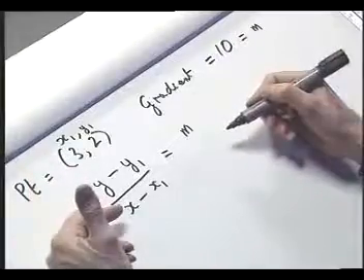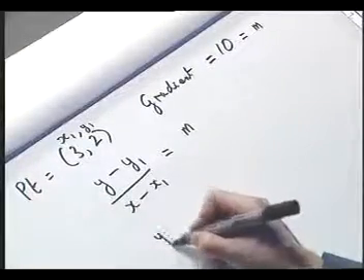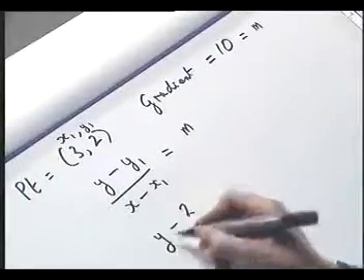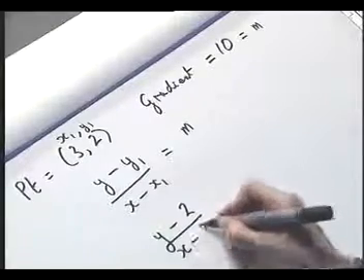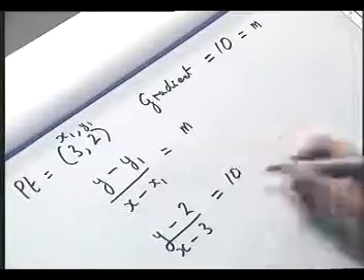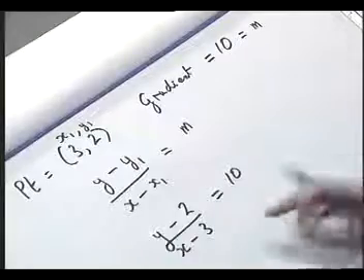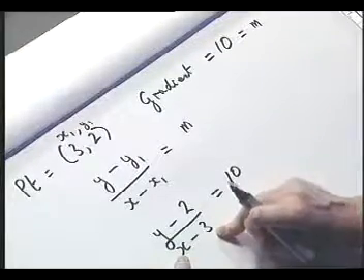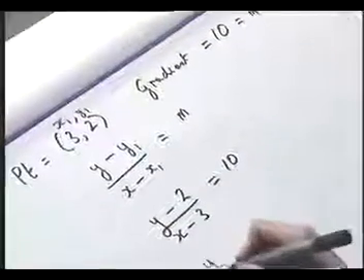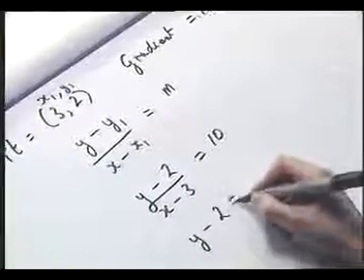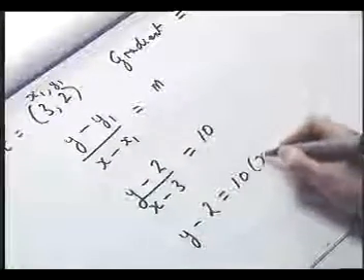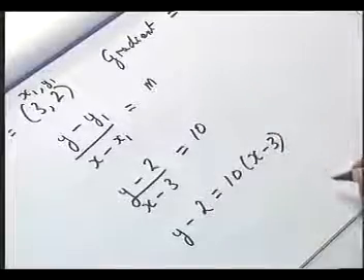So now we'll substitute these numbers in. So we have y minus 2 over x minus 3 is equal to 10. Now we'll multiply up by this x minus 3 here. So we have y minus 2 is equal to 10 times x minus 3.